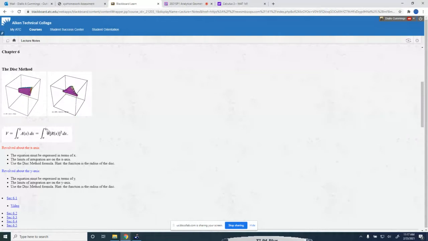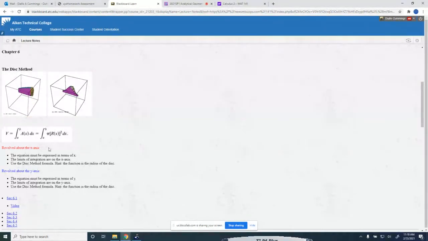So the volume is equal to the integral from a to b of pi times the radius squared dx, where the radius is your function. If we're using the DISC method, we would simply stick our function in as a radius, square it, multiply by pi, and then integrate from a to b.